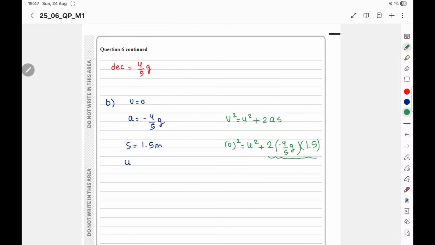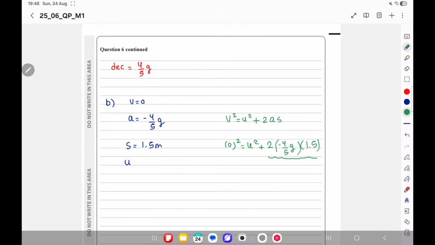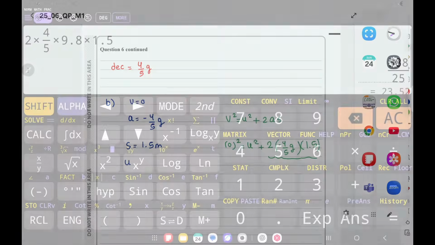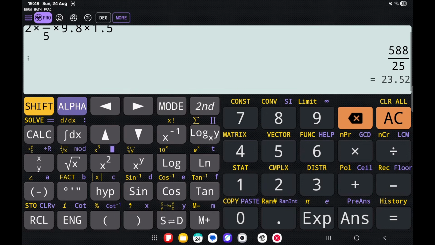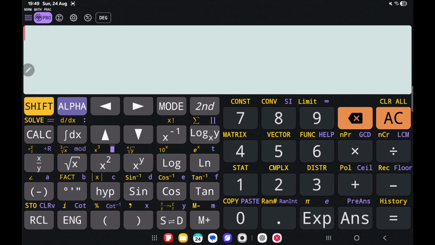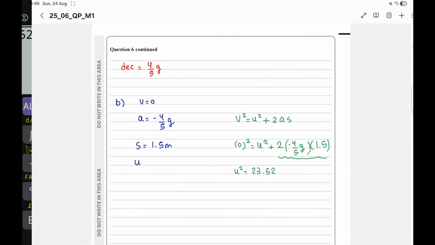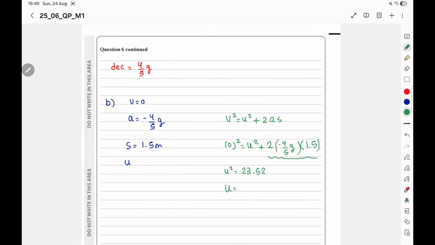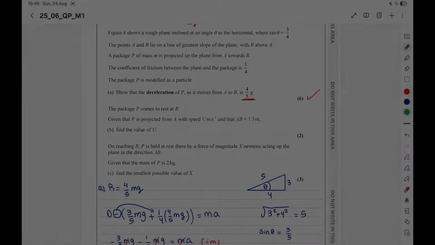Simplify, move this to the left. 2 multiplied by 4 over 5g multiplied by 1.5 is 23.52. u squared is equal to 23.52, so u is the square root of 23.52, which is 4.85, three significant figures. U is equal to 4.85 meters per second. This is the value of u.